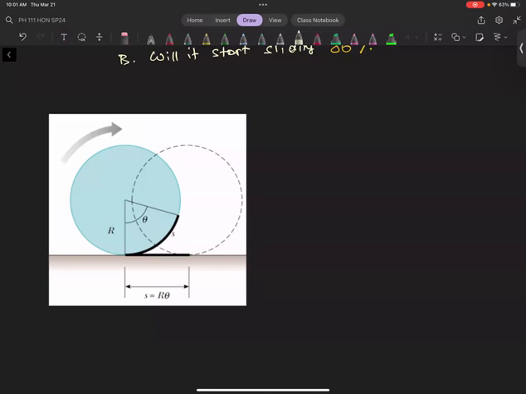So immediately, if you remember your rotational kinematics, this directly implies that for pure rolling, we need to have this. And if we have this, we have to have this. So either relationship you choose, immediately the other two hold true.